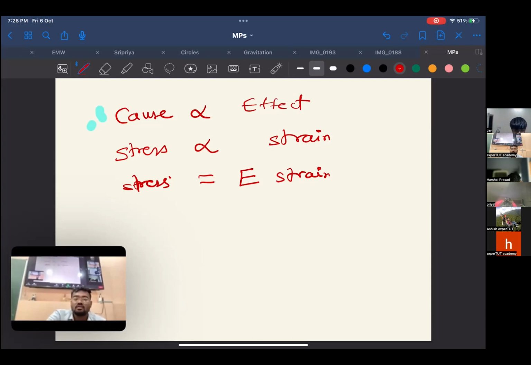In shear it is called G, and in bulk it is called B. So there are three types of stresses and strain, right?